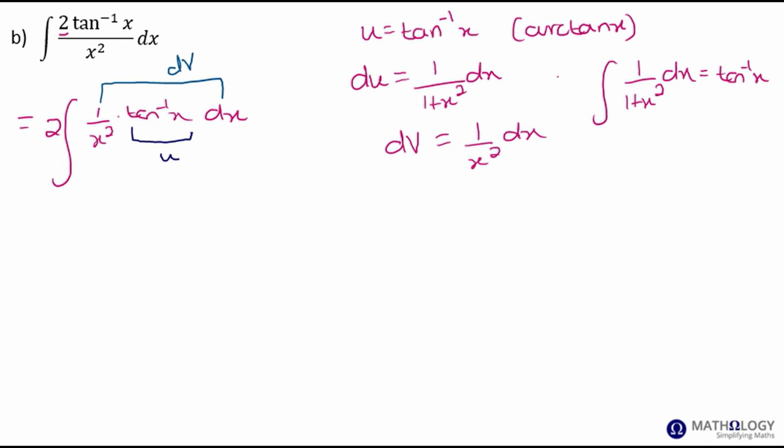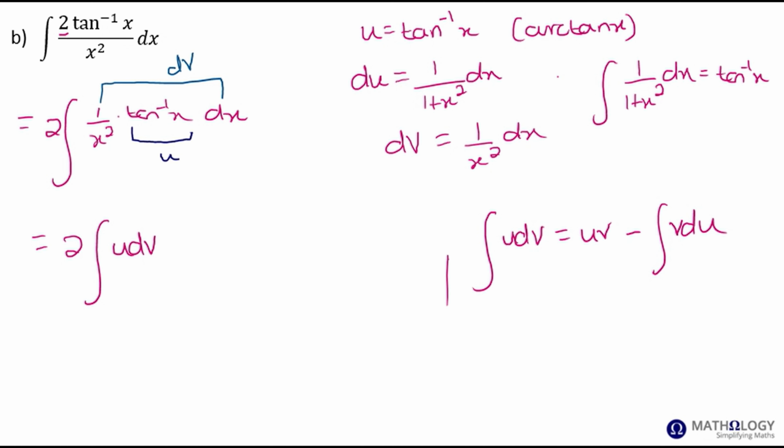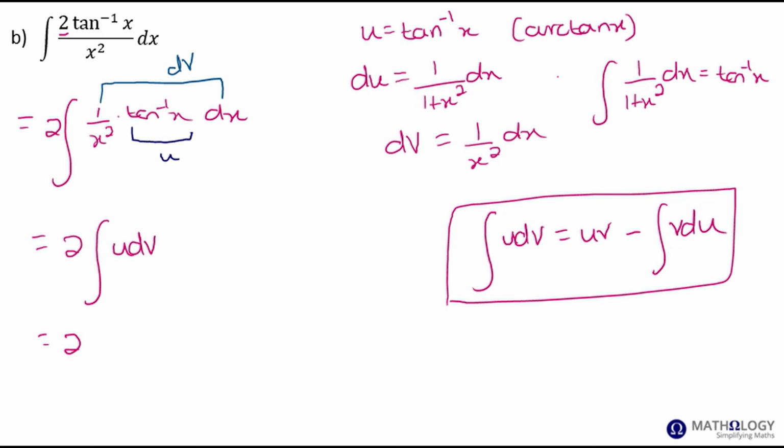So what we have is 2 times u dv, and just recall that the integral of u dv equals uv minus the integral of v du. So that equals 2 times uv, so that'll be tan to the minus 1 x.